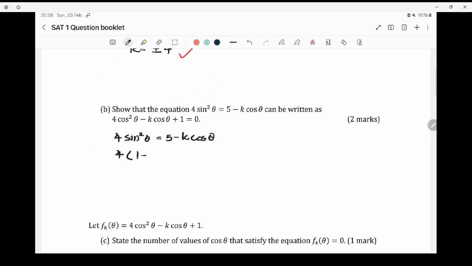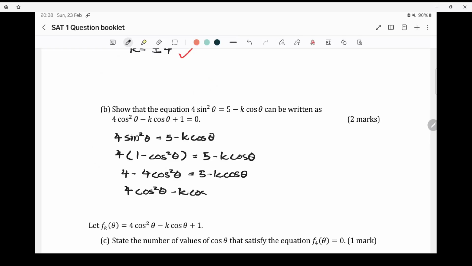So this is 1 minus cos squared theta. Then finally you just rewrite everything. So finally you have 4 cos squared theta minus k cos theta plus 1 equals 0. So over here, you rearrange and you get 1 mark.